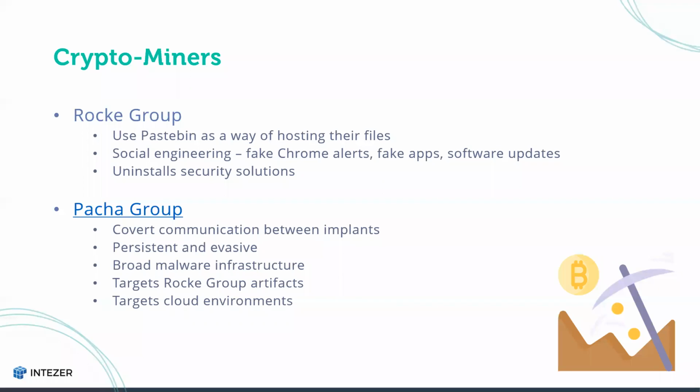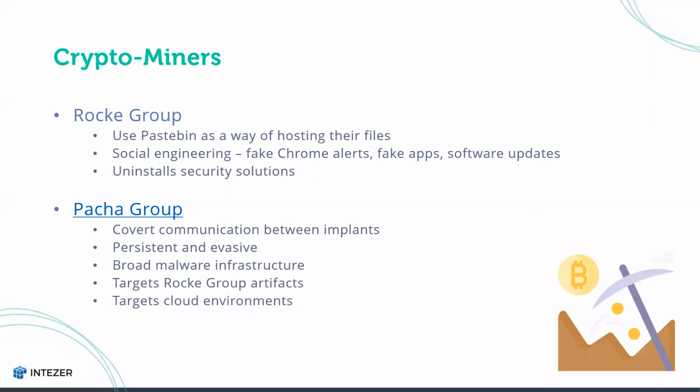And that's pretty interesting. This was actually reported a few months later by Unit 42 from Palo Alto Networks, when they spotted that some of the Rocket Group implants they detected were uninstalling cloud security products. And then on the other hand, we have Patcha Group. Patcha Group is a threat actor that we at Intezer discovered, and it was completely undetected before we reported it.